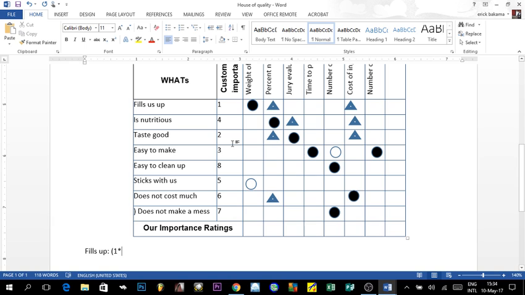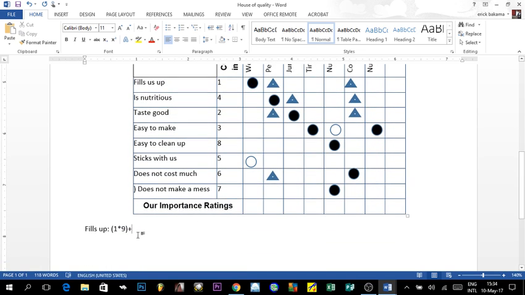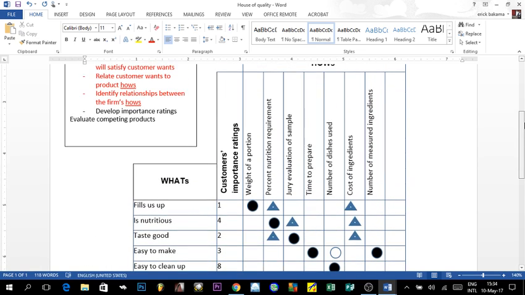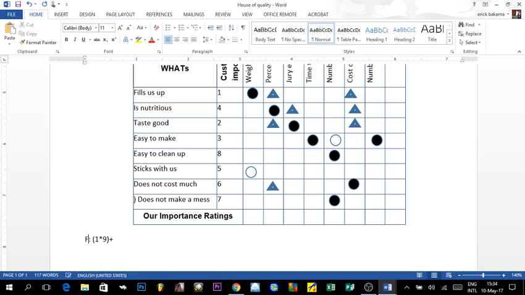by the value that we have of 9 plus. Normally what I want to do, instead of putting fills up, we'll put the hours, because we need to understand on which hours the company needs to focus. It is the weight of proportion instead of the fills up, sorry. So what we have here is the weight of the proportion.